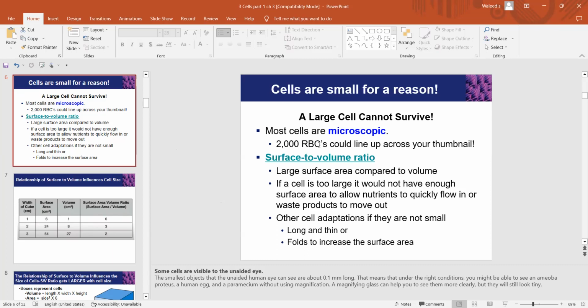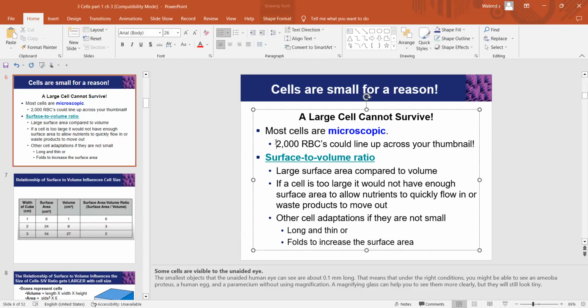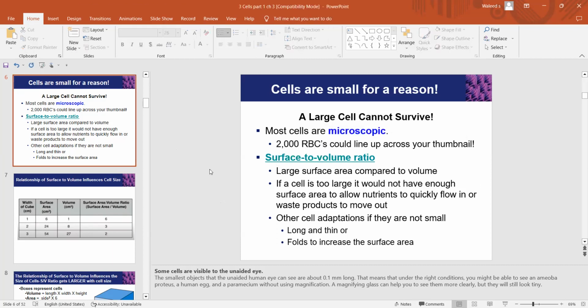And let me say it this way. You know what happened if I put those 2,000 cells as one cell, one big cell? The diameter, which gave us the surface, is a lot smaller than each one of those individually. Let's say, I gave you a random example, okay?